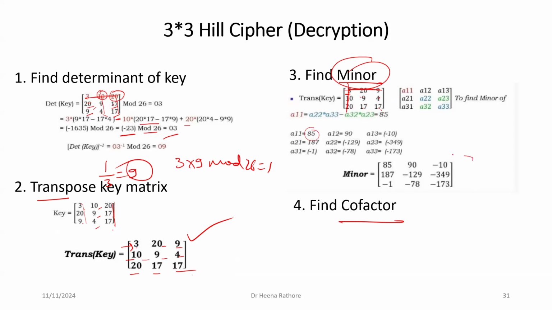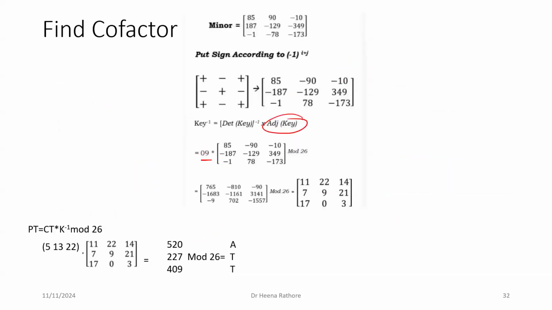So you will get the minor very similar to the 2 cross 2 matrix, but here you have to solve those small matrices. The last step is finding the cofactor, where you assign the negative sign using negative 1 to the power i plus j, where i and j are the row and the column values, which in this case would be positive, negative, positive, negative, positive, negative, positive, negative, and positive.